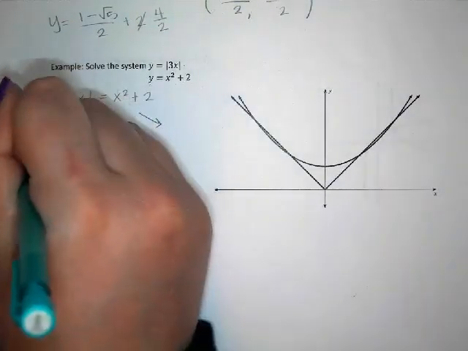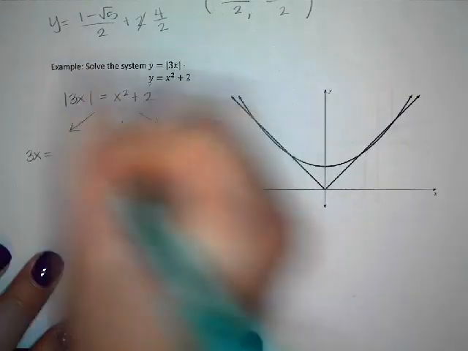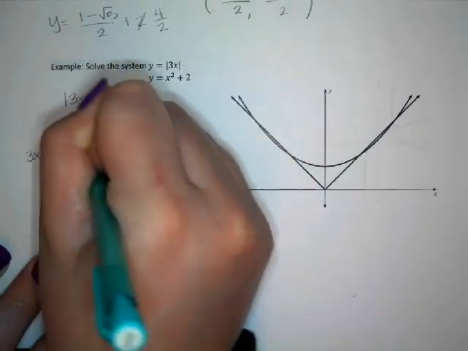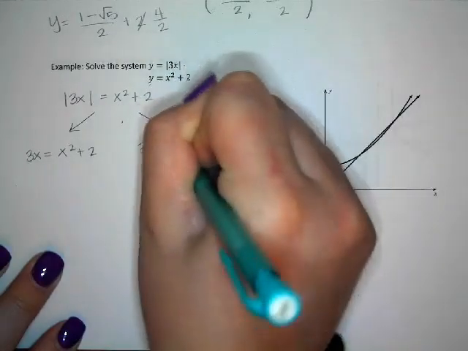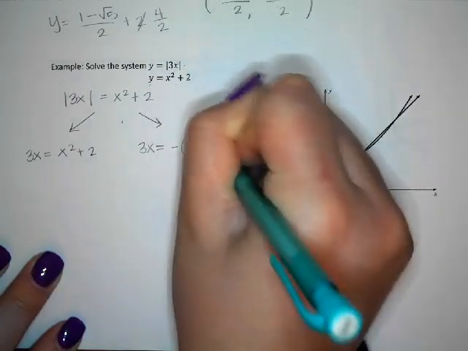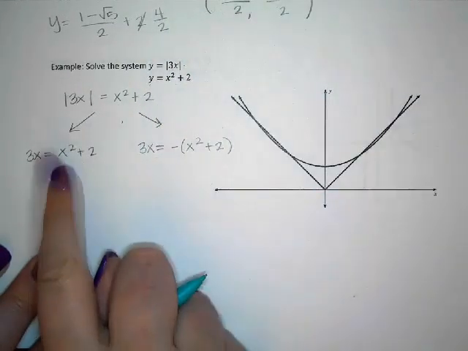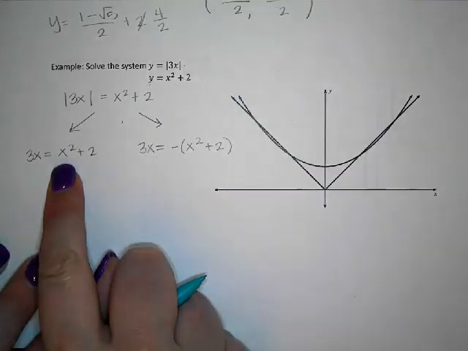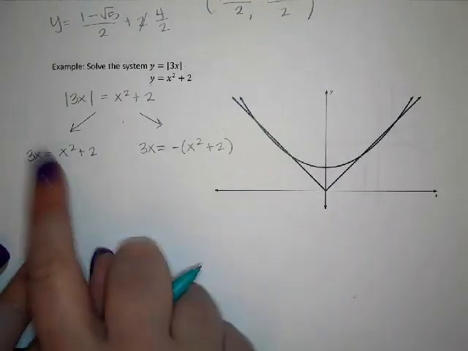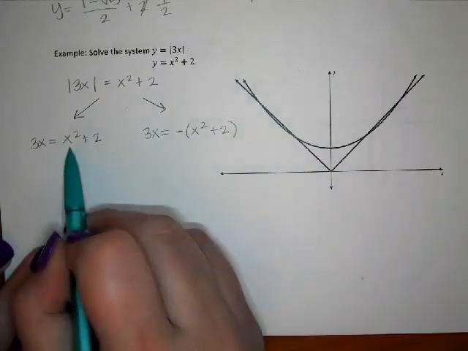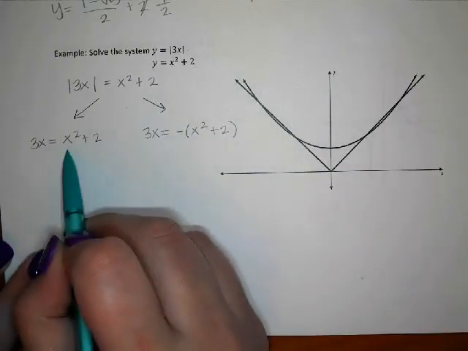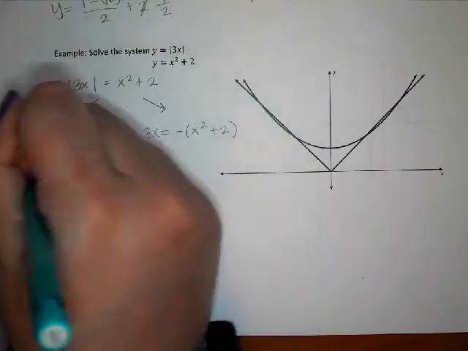So 3x can equal the positive version, x squared plus 2, and 3x can equal the negative version. So this is a quadratic equation, and so is this. We're going to get 2 answers for this one and 2 answers for this one. So this quadratic equation, of course, we want to make equal 0 so we can solve it.